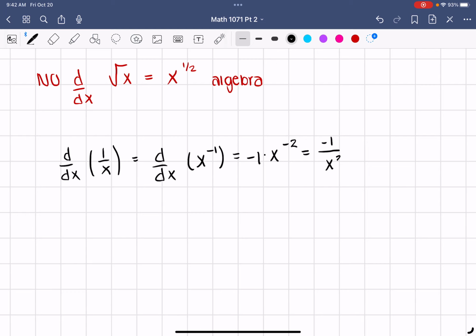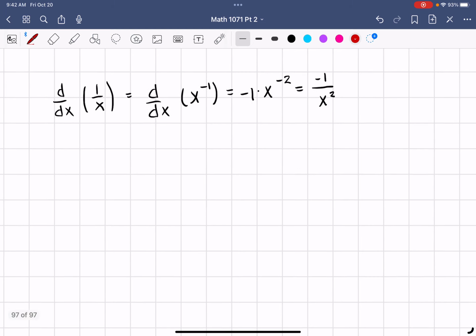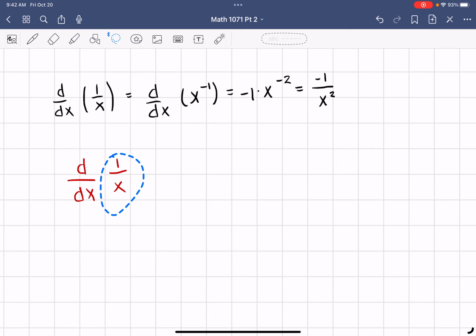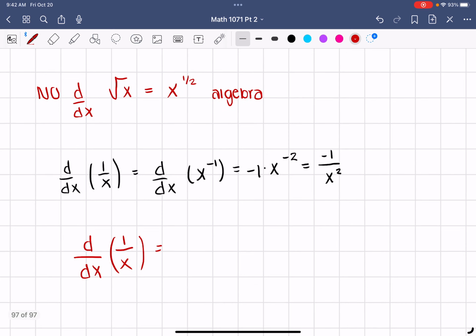So be careful with that. What we are using to take the derivative in this case is the power rule. And you remember, if you have x to the n, you remember how to take the derivative. The old power is the new coefficient. The new power is 1 less.